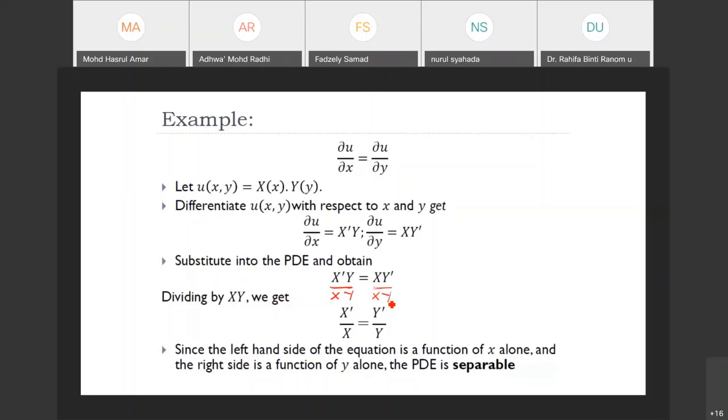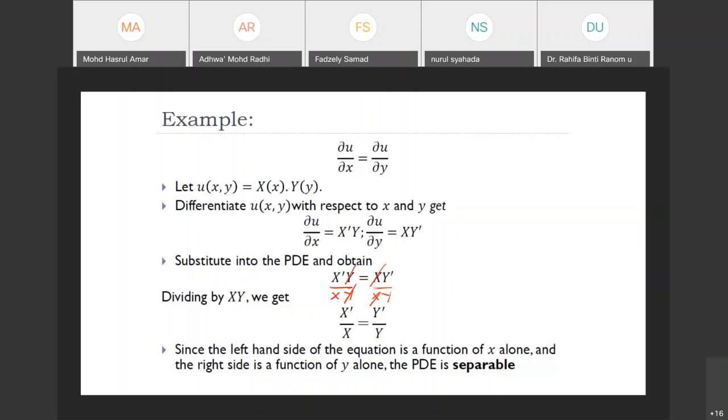What can you see in the left hand side? You can cancel Y. What can you see in the right hand side? You can cancel X. Therefore, the equation becomes X prime over X equals Y prime over Y. Can you separate the variables? Left hand side only variable x, right hand side only variable y.